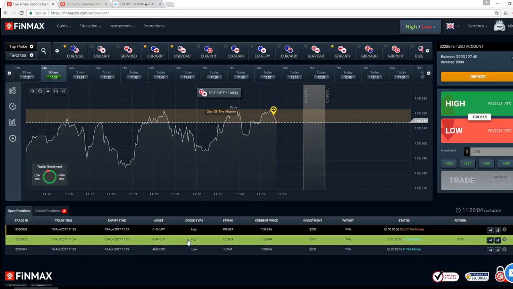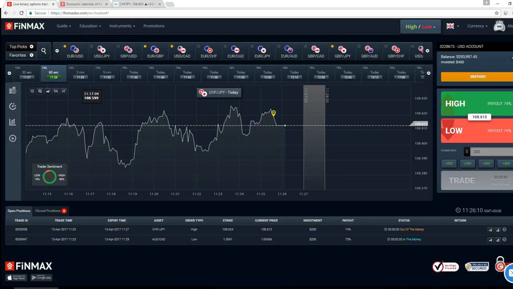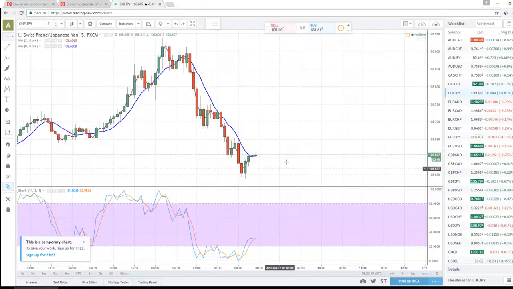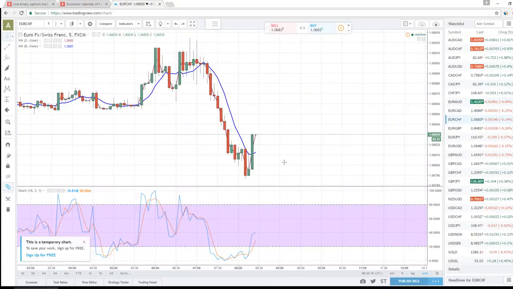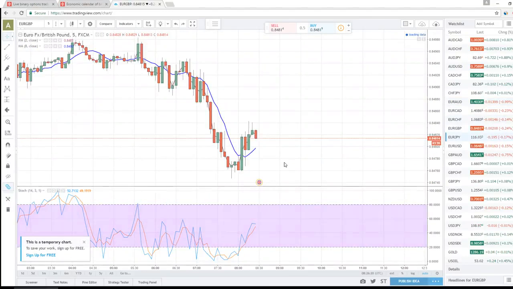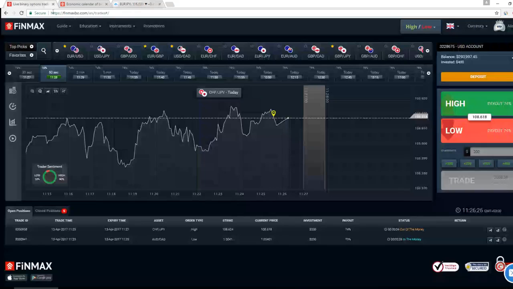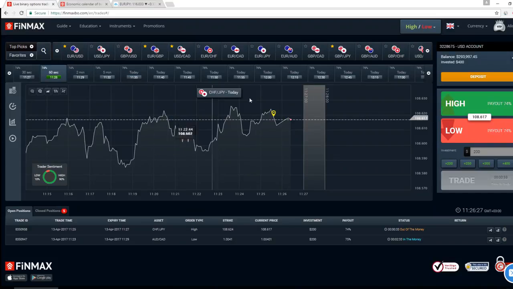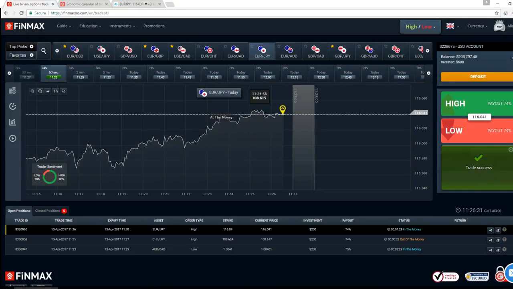Okay, British pound closed in the money, and currently we have 2 open trades. Let's also enter for Euro GPY for high. Okay.